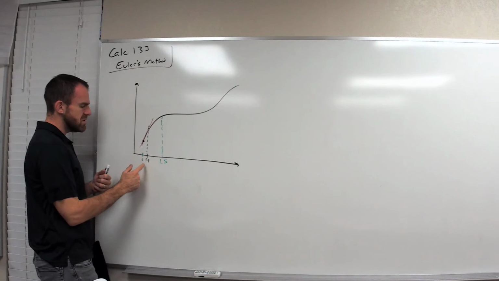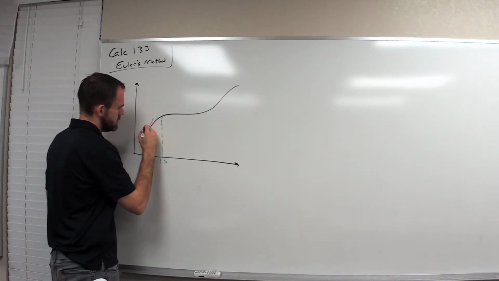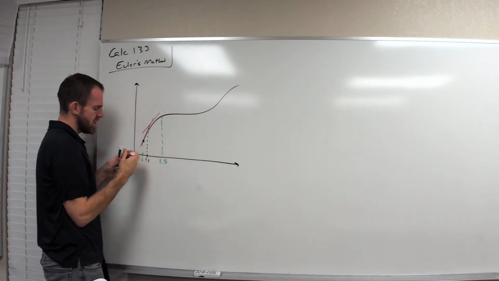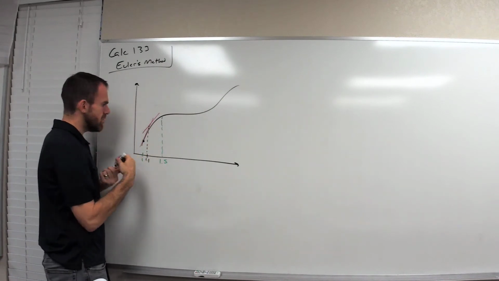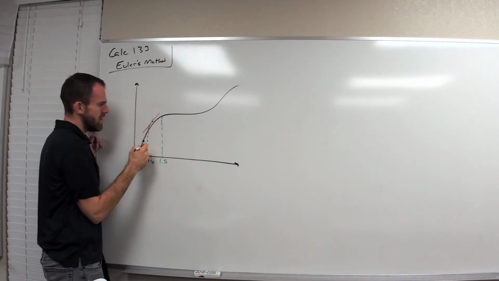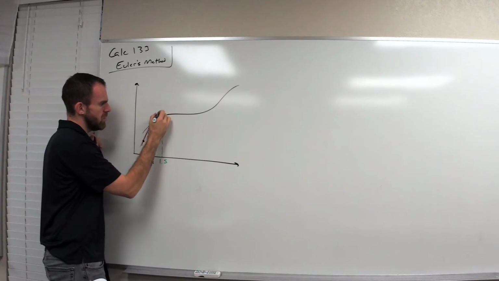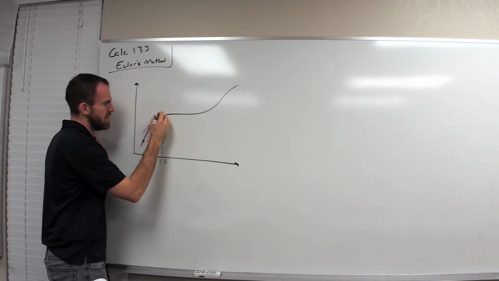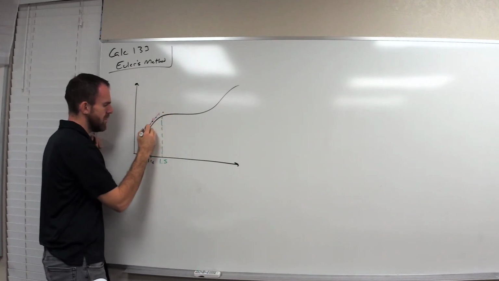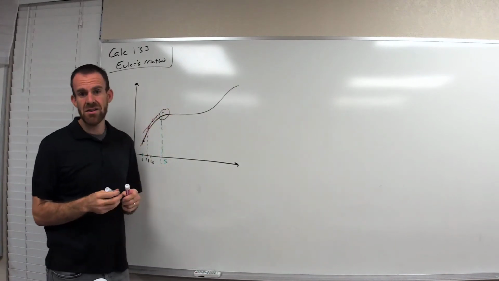Then, we're going to use the derivative at 1.1 to approximate at 1.2. So that's going to get me there. Then we're going to use the derivative at 1.2 to approximate at 1.3, 1.4, and then 1.5. It's probably not going to be exact, but it'll at least get you close to the actual value.